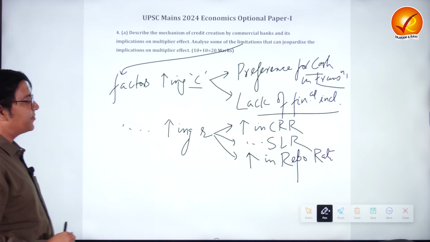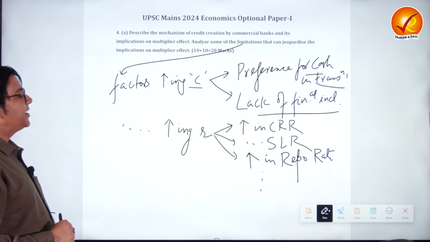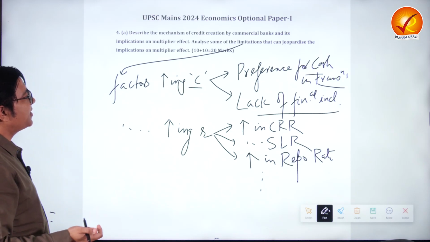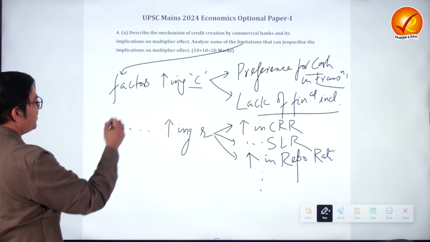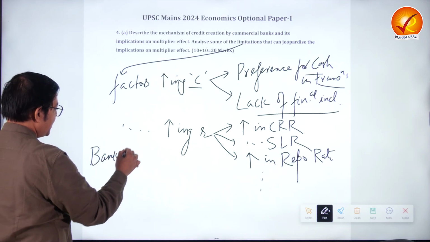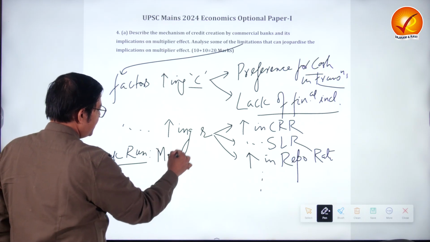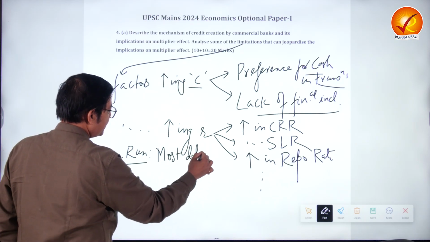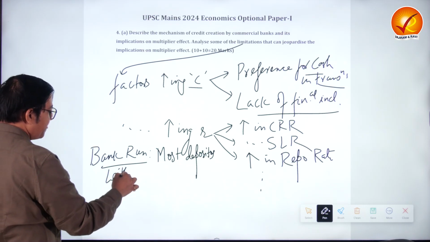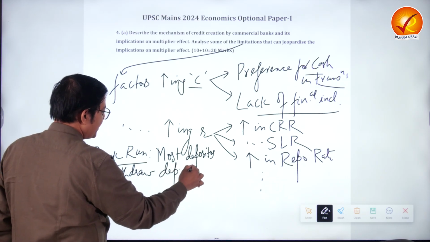You can talk about as many limitations. In fact, you can write down even more from monetary policy. Okay, what beyond CRR? Then you can talk about something else. For example, a limitation can also be a situation called bank run. Bank run happens when most depositors withdraw their deposits simultaneously.